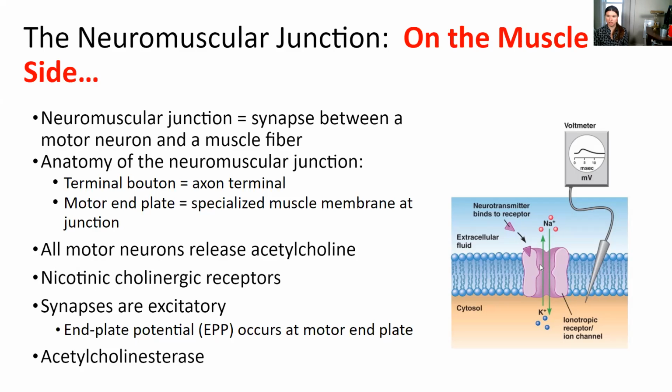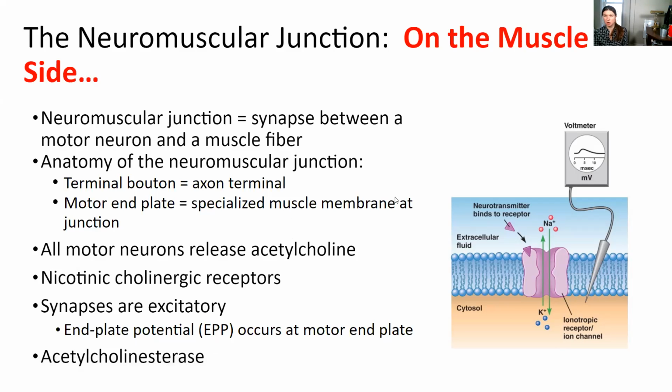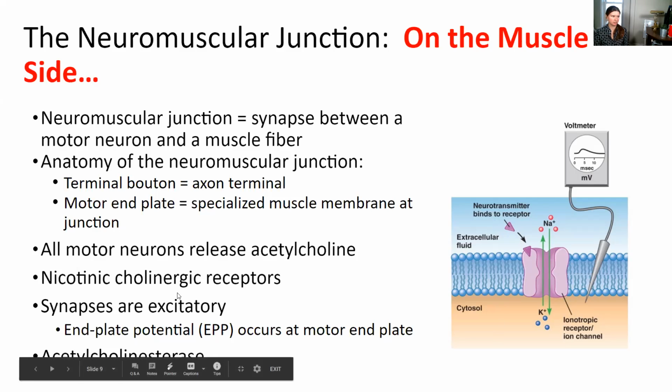So we can see a picture here. So nicotinic cholinergic receptor happens to also be a type of ionotropic receptor, which means that all it does is it opens an ion channel, right? So acetylcholine binds on, so that would be this little guitar pick thing here, opens up our channel, allowing ions to flow through.